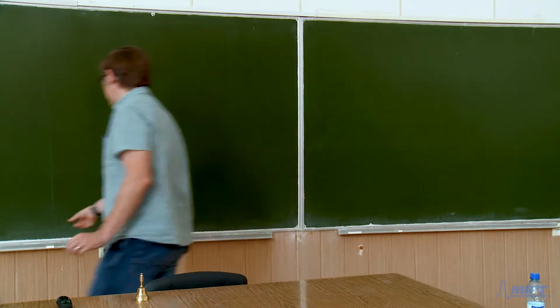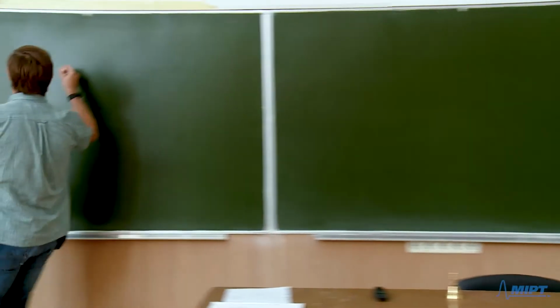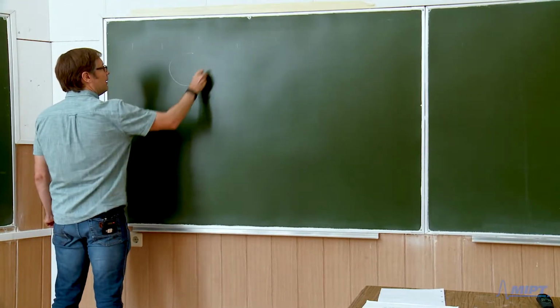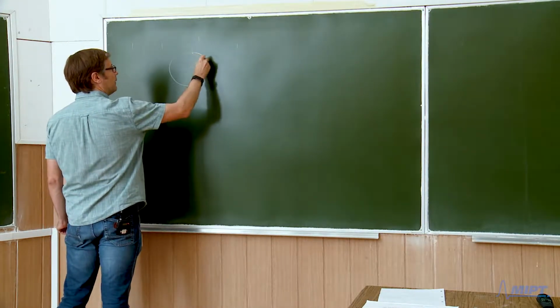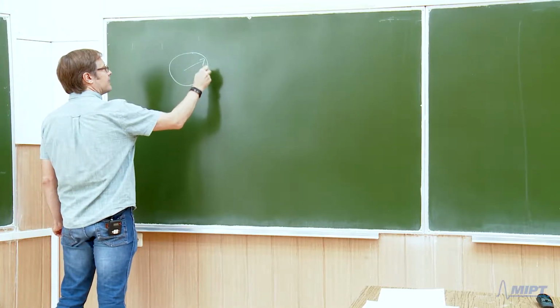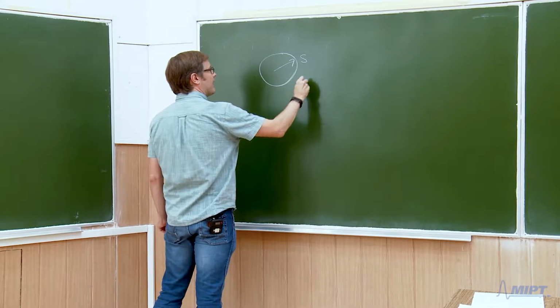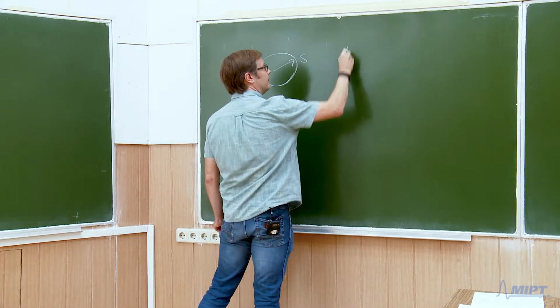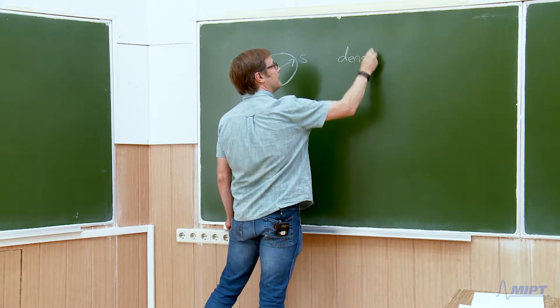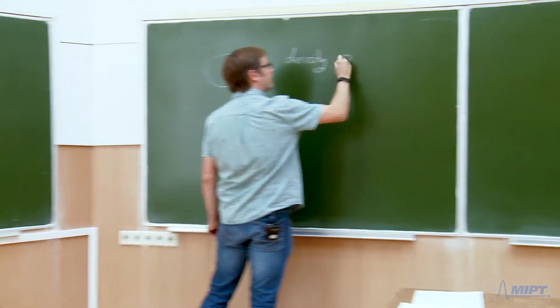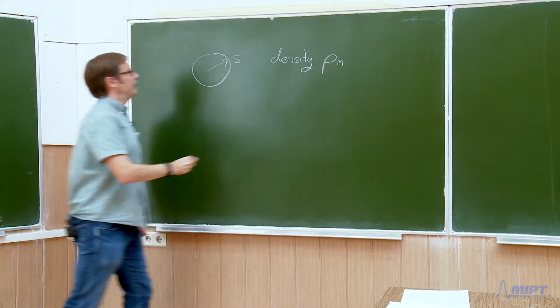Okay? So the sort of picture you might have is here we have some particle, let's say that has radius s. It has material density, so the actual density of the stuff that makes up the particle, call that rho m.